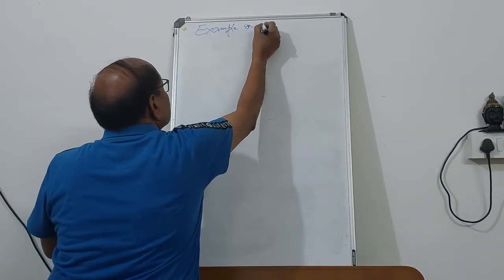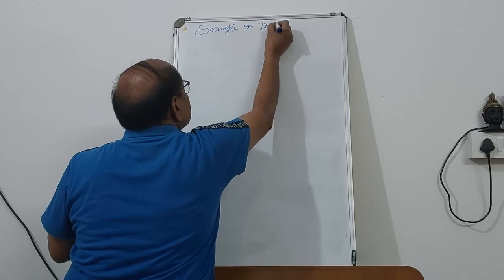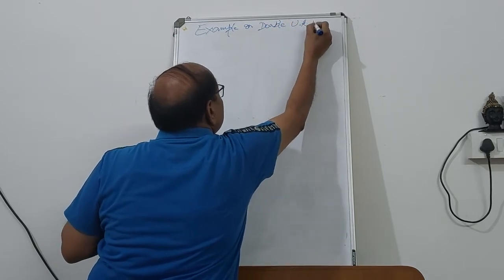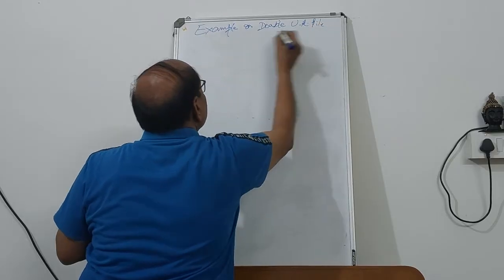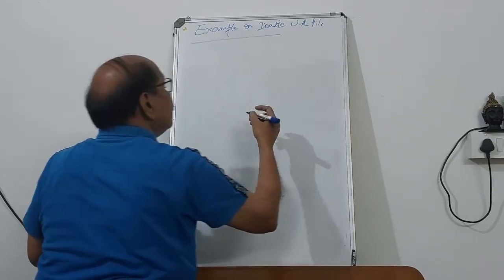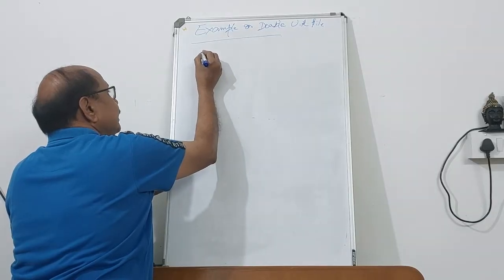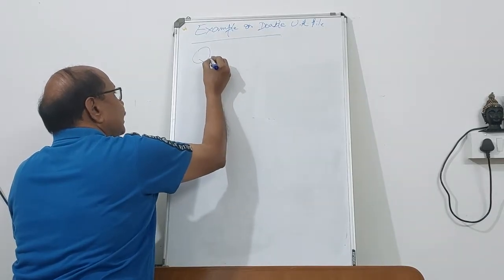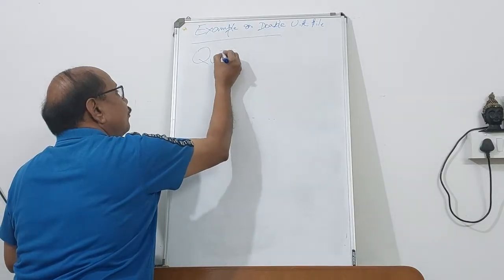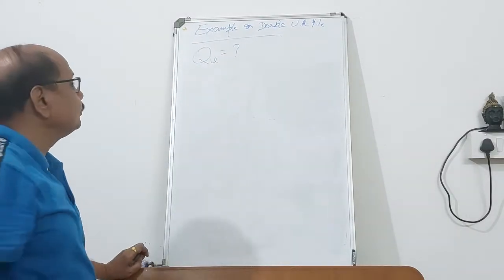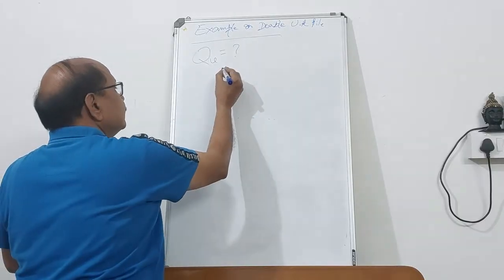On a double under-reamed pile, we want to determine the ultimate load carrying capacity of the double under-reamed pile. So let's say this is the pile.